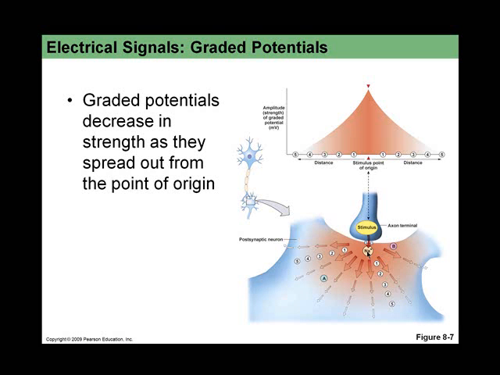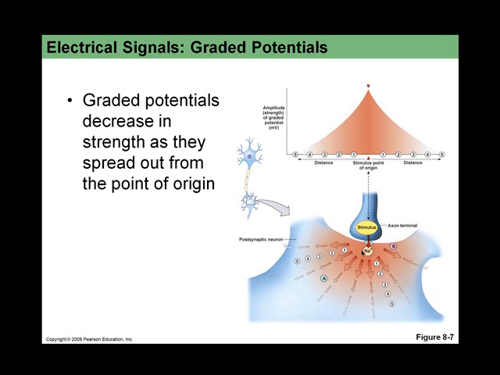In this case, it's showing a sodium one, and so a certain amount of sodium is going to be introduced into the underside of the membrane near the synapse, and then that creates a local depolarization, and the synaptic event occurs.